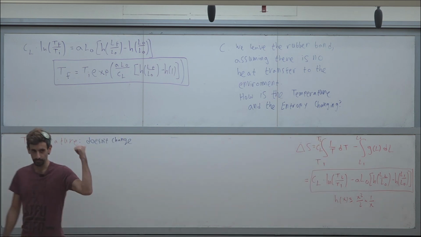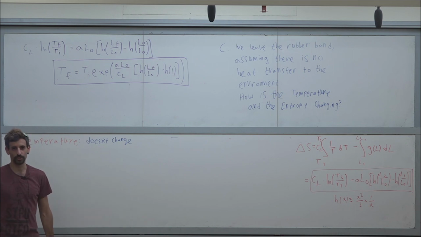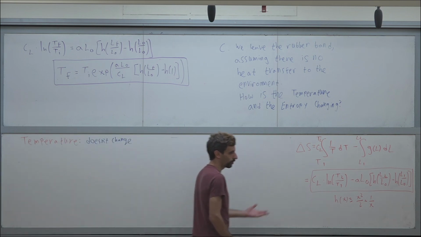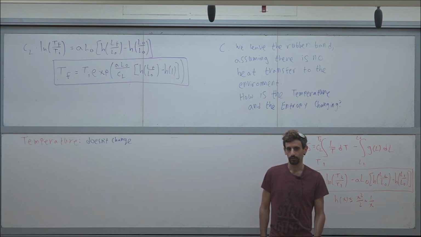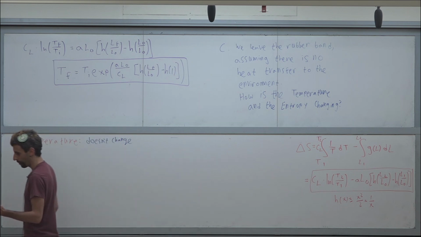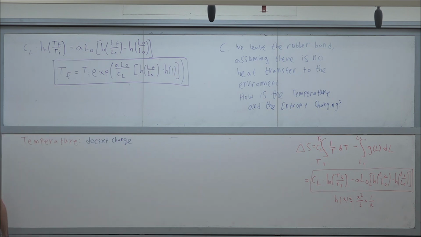And we see that the energy depends only on the temperature, or the temperature depends only on the energy, okay? U equals some constant times T, so one depends on the other, so if the energy is not changing, the temperature is not changing. Okay?